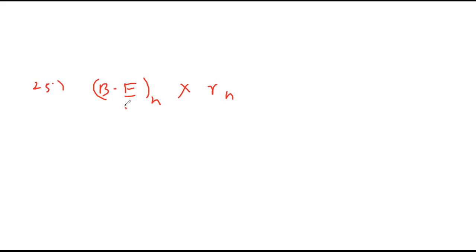So binding energy is opposite of total energy. Product of these two is how much? So I know value in first orbit. We can say binding energy in first orbit into radius in first orbit. Because product, whether you take first orbit, second orbit, third orbit, fourth, all are the same.